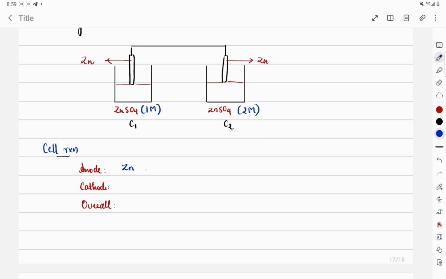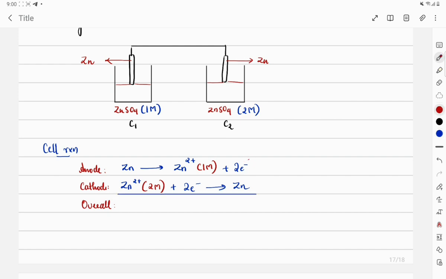So zinc will oxidize into Zn2 plus, but here we have to maintain the concentration also. So for that I'll just write here 1 molar, plus 2 electrons. Cathode, just the opposite reaction, reduction should happen. So Zn2 plus, again mentioning the concentration, I have to write 2 molar concentration, plus 2 electrons, they accept 2 electrons to become Zn. Okay, so what will be the overall cell reaction?